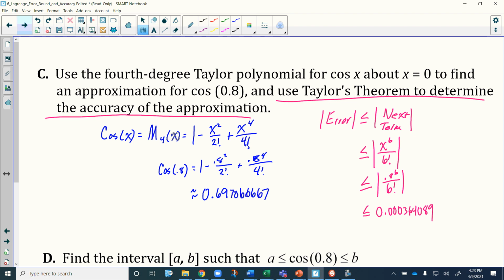So both of these numbers, this one and this one, we definitely want to save in our calculator, because the 0.697066667 is the value that we're approximating with our Taylor polynomial, and we're going to use the next term, the 0.00003 and so on, in pink on the right. That's going to help us determine the error bound, where we take that and add it to and subtract it from the 0.69 number.